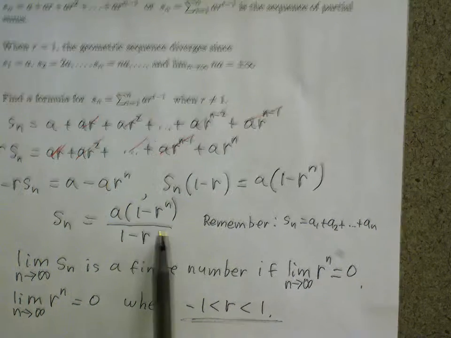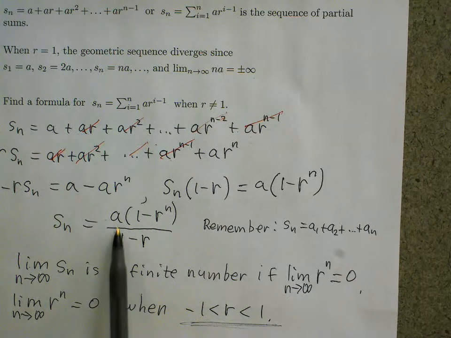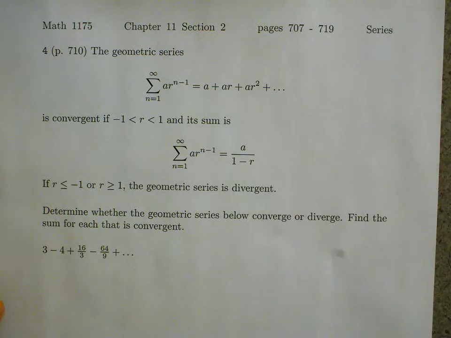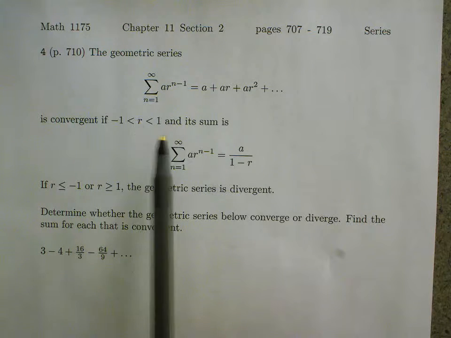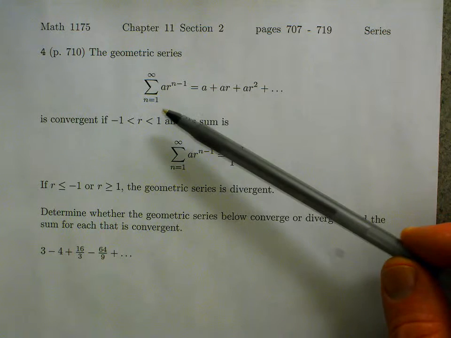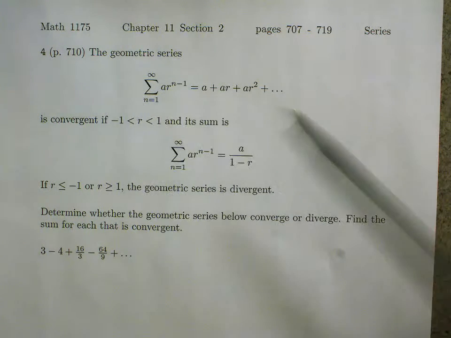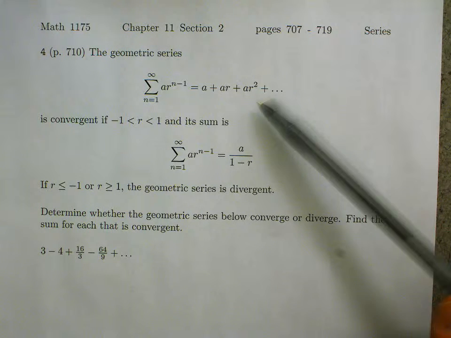Okay, and you can tell what the sum is going to be when r to the n goes to 0. It's just going to be a divided by 1 minus r. Okay, that's what is stated on this next page. The geometric series, the terms are a times r to the n minus 1 as n ranges from 1 to infinity, which is equal to a plus a times r plus a times r squared, and so on.